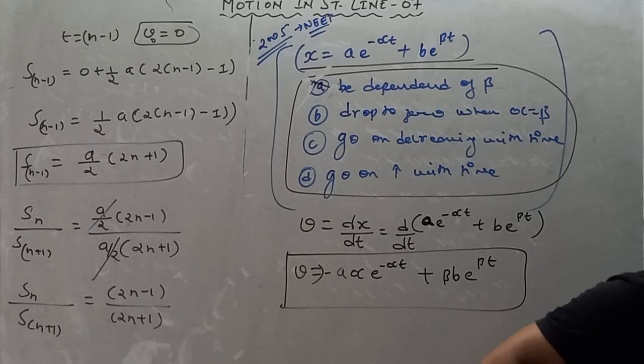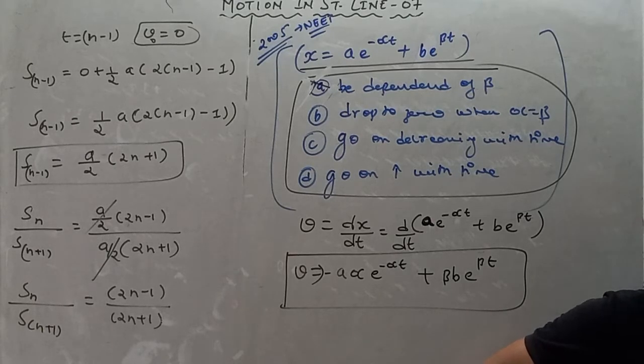Even if beta is equal to alpha, the velocity never equals 0. So write down the next point, it does not become 0 even if alpha is equal to beta.